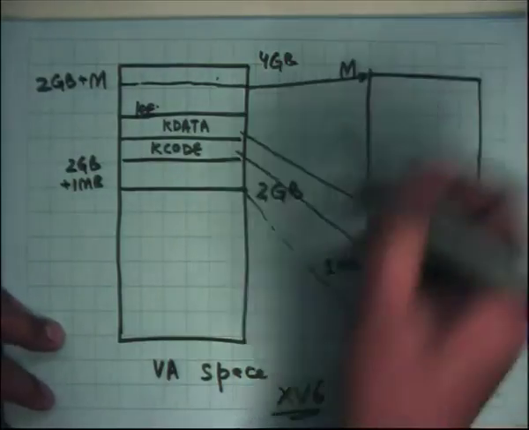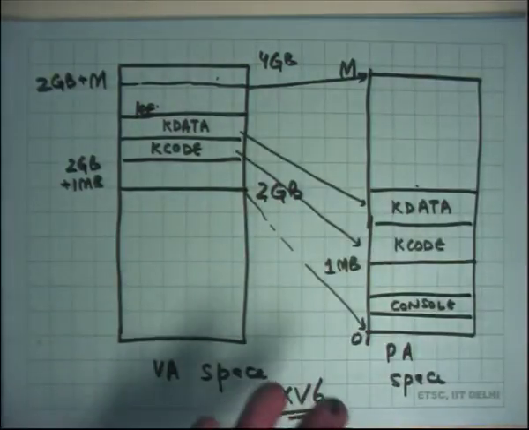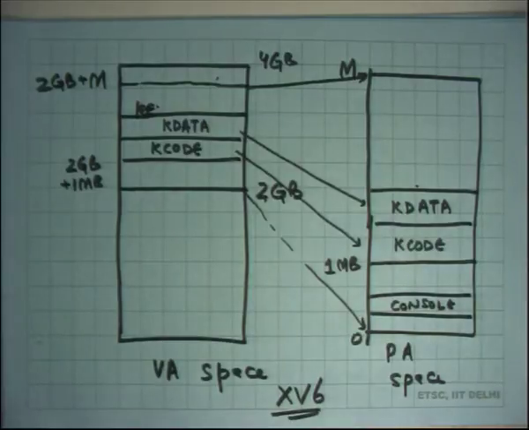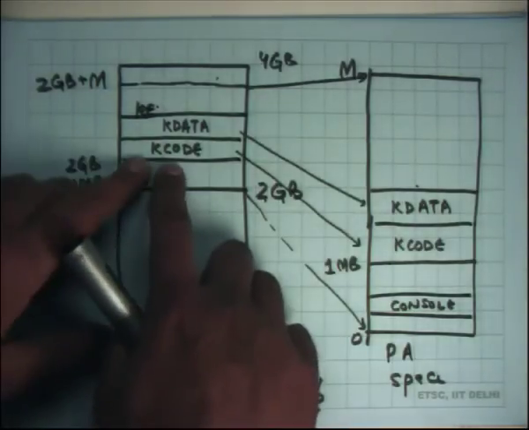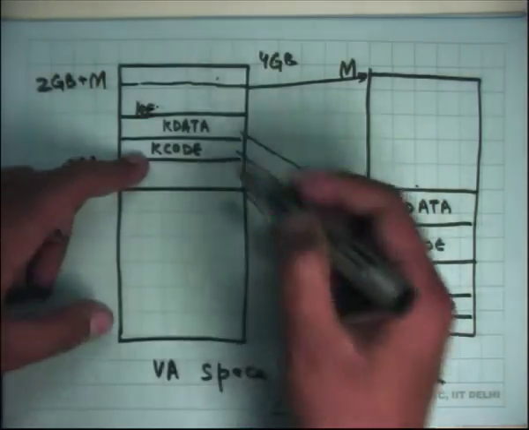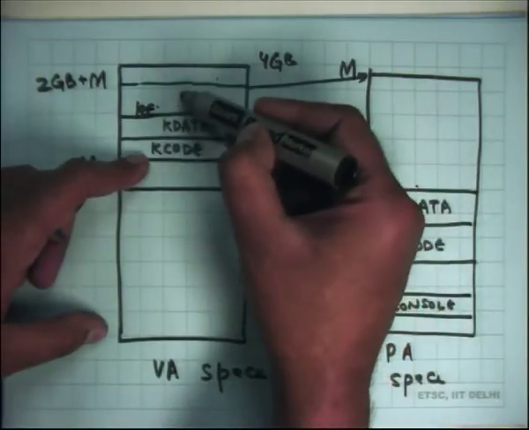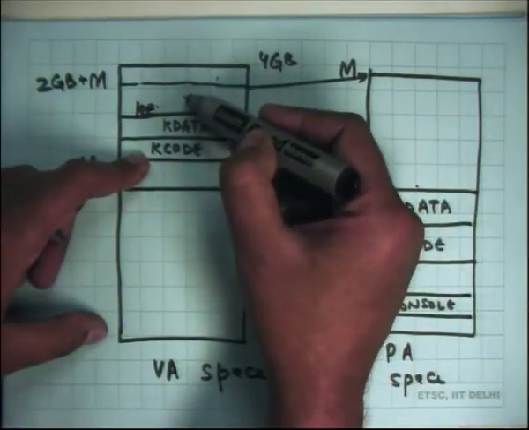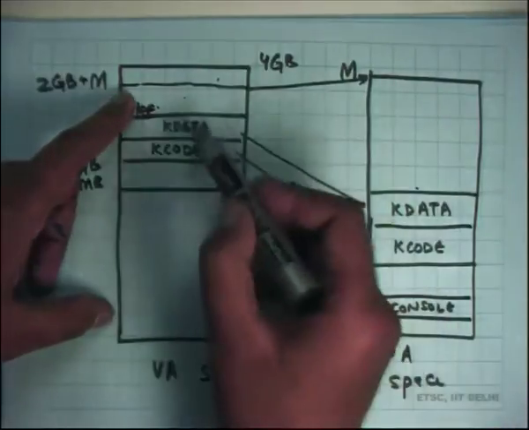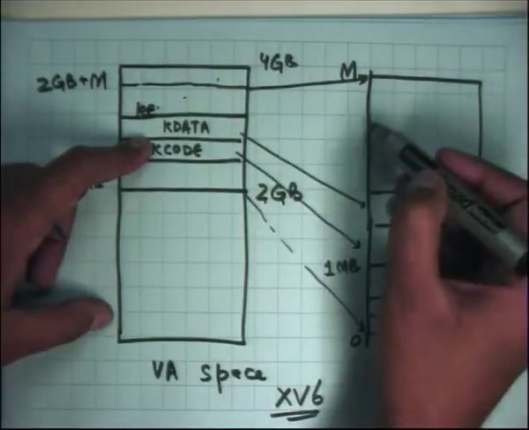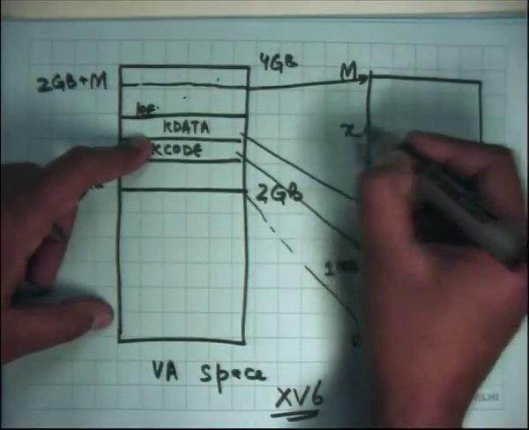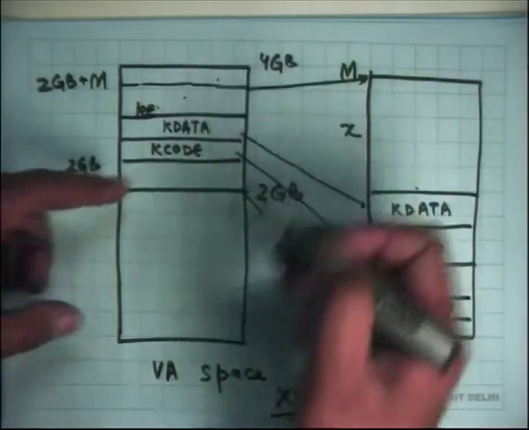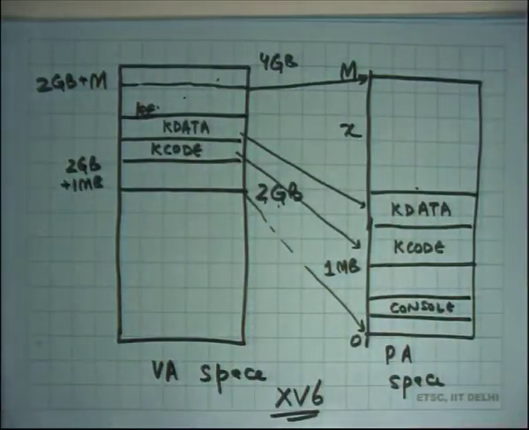So the entire physical address space is also mapped in the kernel's virtual address space, on x86. So if the kernel wants to access physical byte number x, all it needs to do is use 2 GB plus x in the virtual address space, which is physical byte number x.